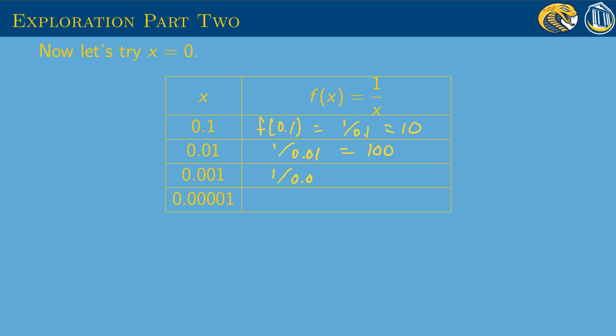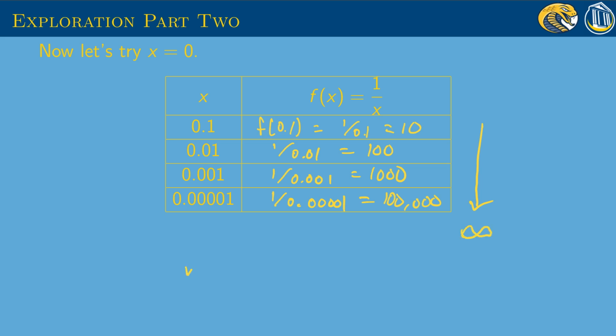Plugging in 0.001, that's 1,000. And 1 over 0.00001, getting really close to 0, that's 100,000. Do these appear to be approaching any specific number? I don't think so. This is approaching infinity.